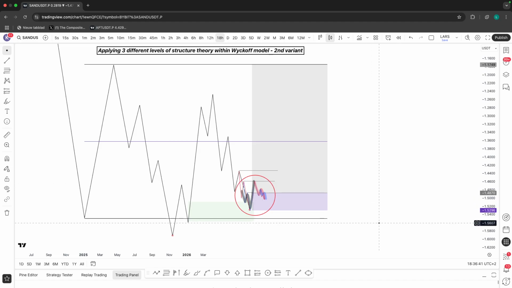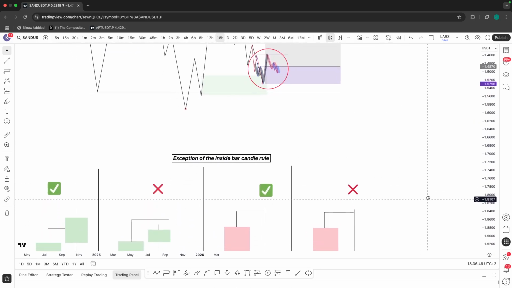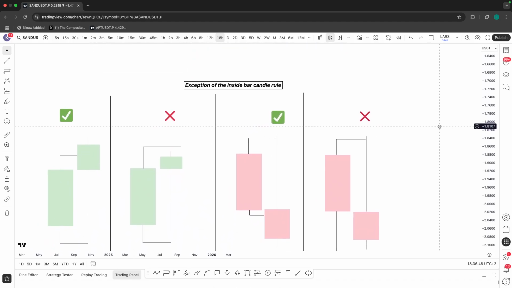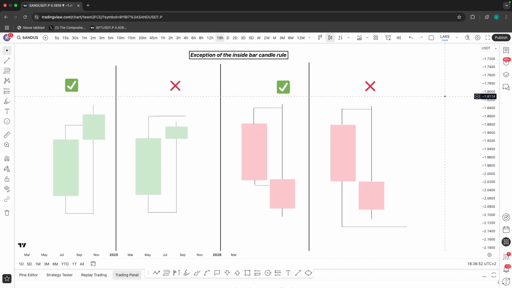So, lastly, I want to talk about the exception of the inside bar candle rule. In the Mentorship 2024, I talked about inside bar candles not counting in the pools of market structure where we're using the 6 candle rule.